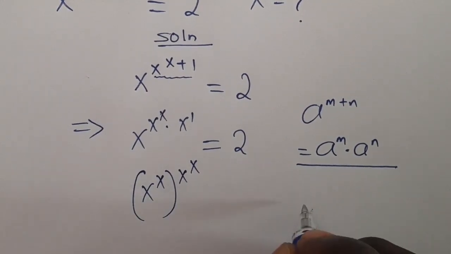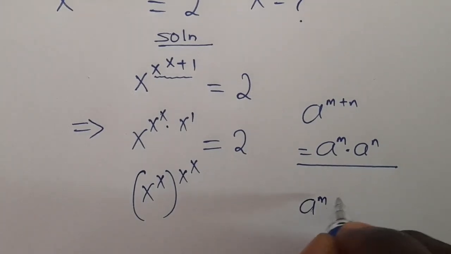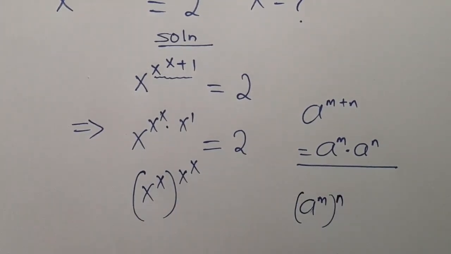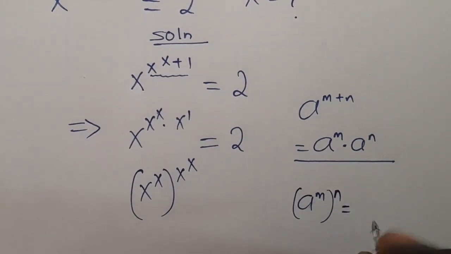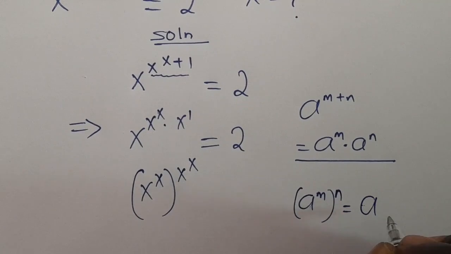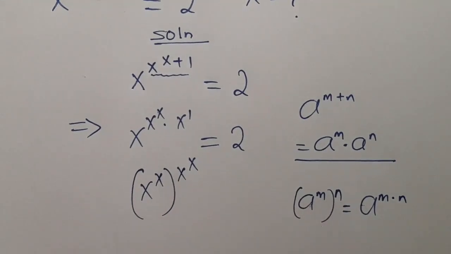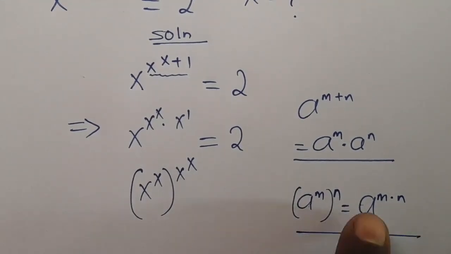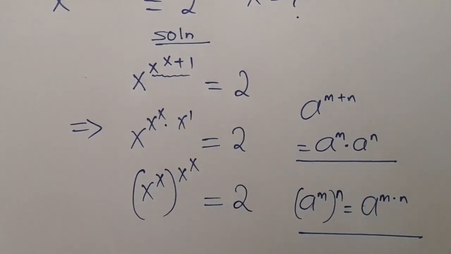Because when you have a raised to power m, then raised to power n, we can also have it to be a raised to power m multiplied by n. So by applying this expression here, we are going to have our answer to be equals 2.